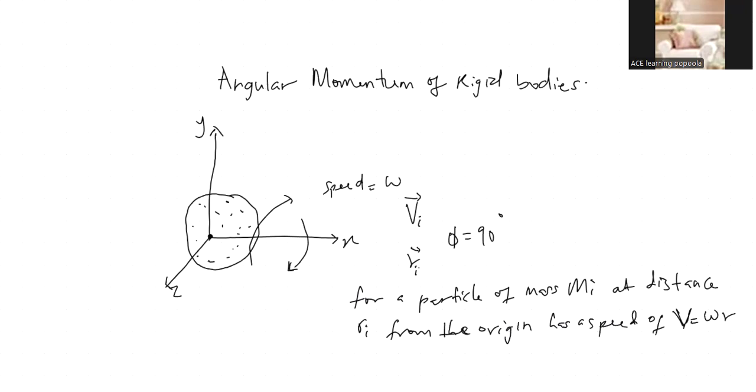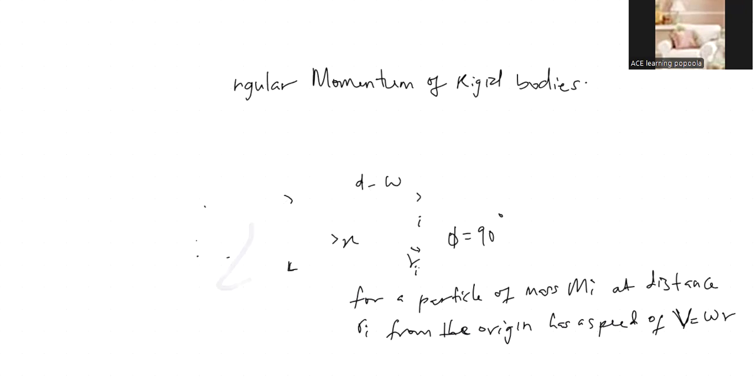So from the previous formula of angular momentum that we saw earlier, L equals m v r, we can substitute V equals omega r into this equation.